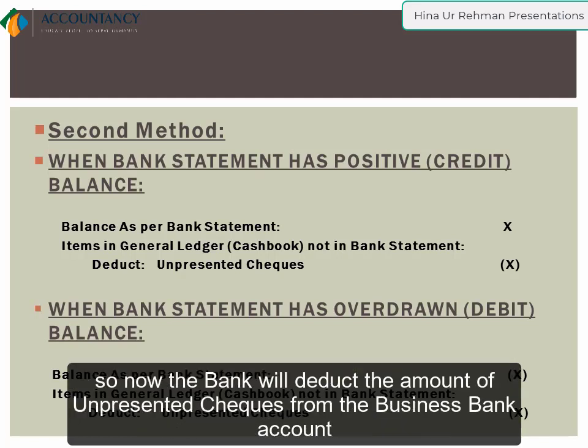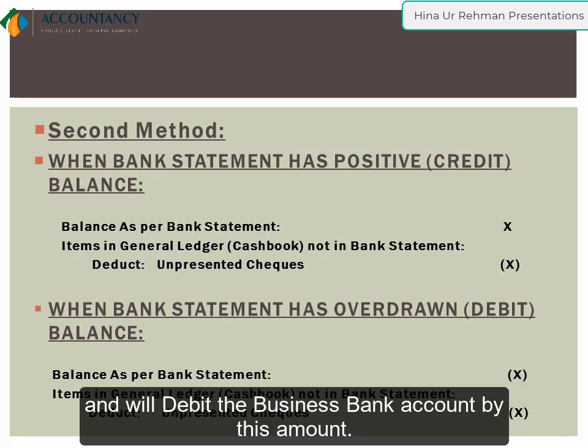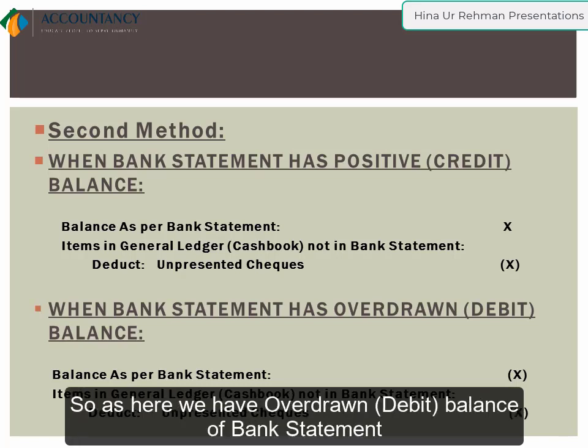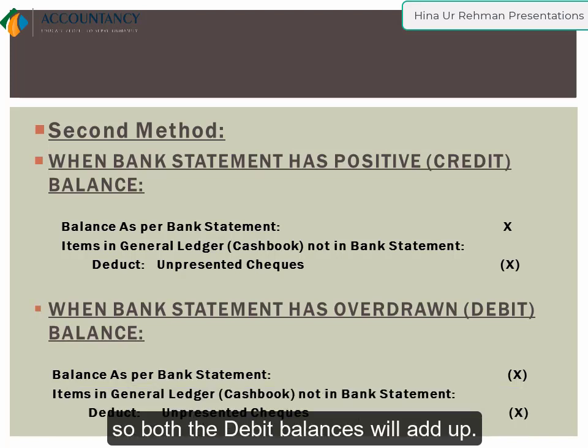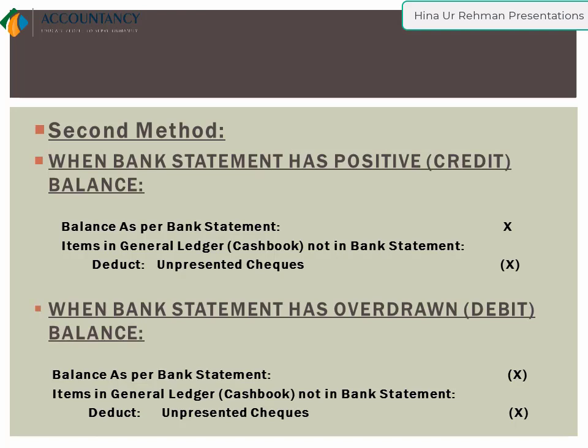So now the bank will deduct the amount of unpresented checks from the business bank account and will debit the business bank account by this amount. So as here we have overdrawn debit balance of bank statement, both the debit balances will add up.